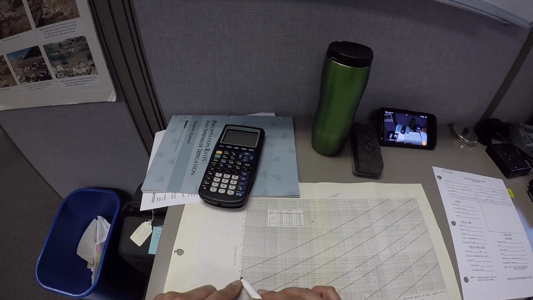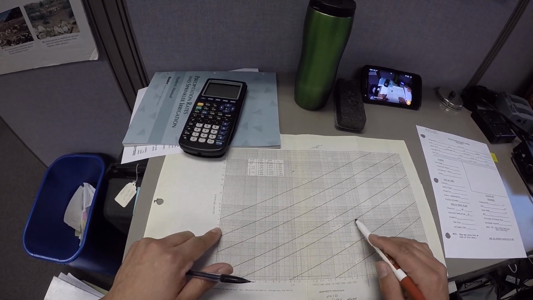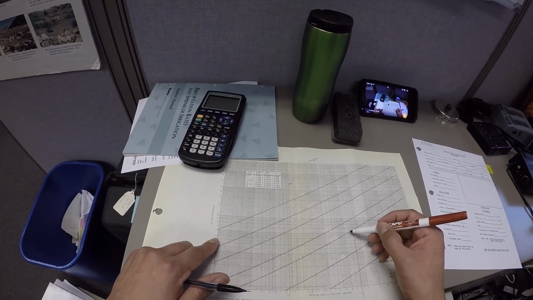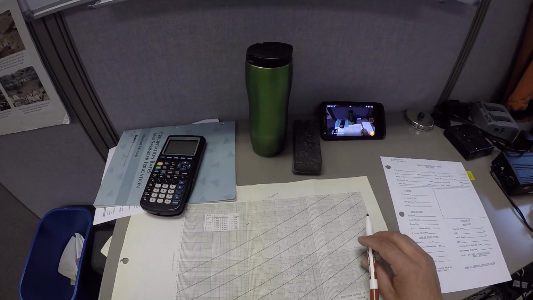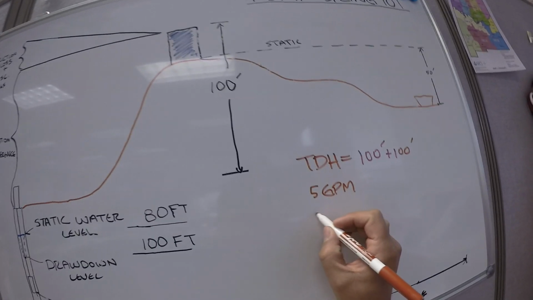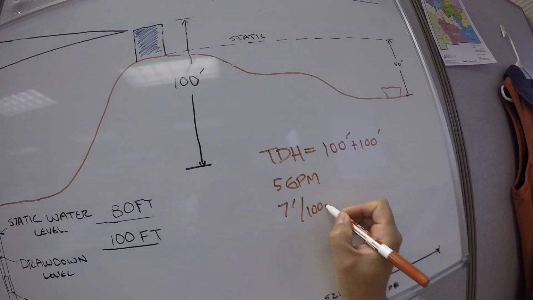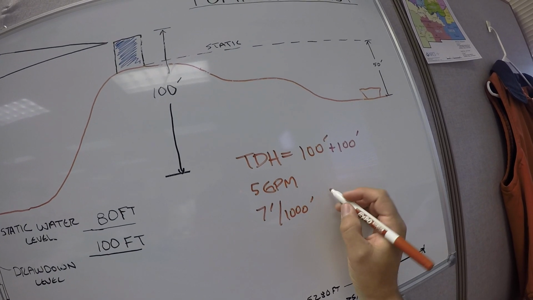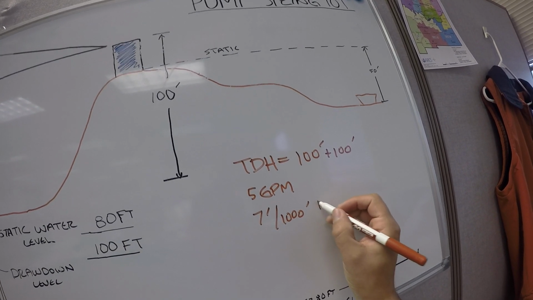So when you draw 5 GPM across to 1.25 inches, it crosses the diagonal line right there. And then we're going to go down, and you're losing 7 feet per 1,000 feet according to this chart. 7 feet per 1,000 feet of loss, friction loss.